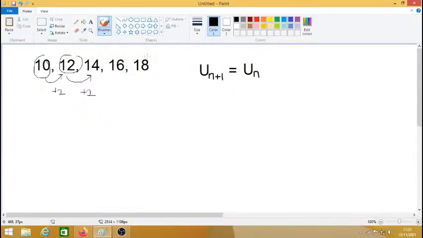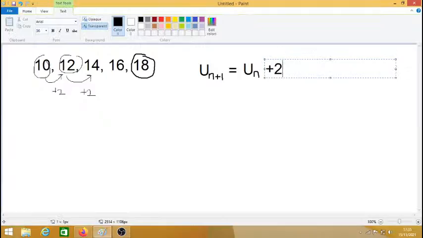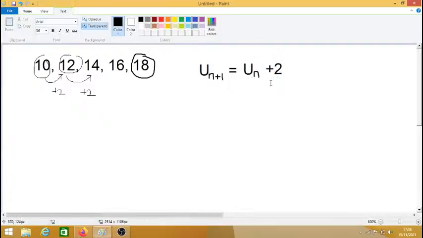So for example, here we're at 18, so un would be 18. How do we get the next number after the 18, the un plus 1? Well, in this really easy example, we're just adding 2, so we would take whatever number we're at and add 2, so un plus 2.